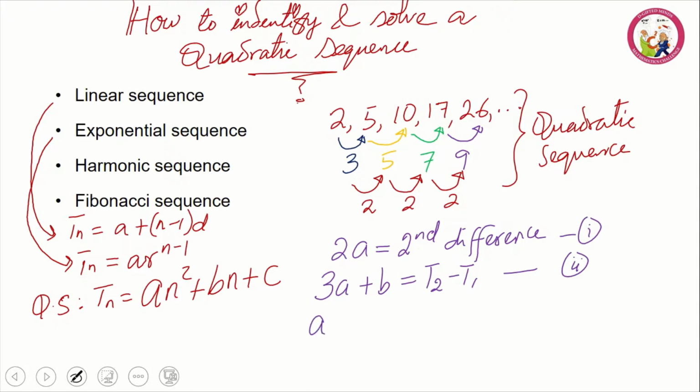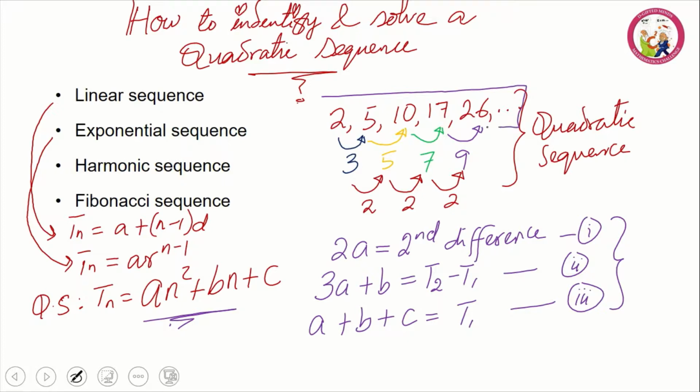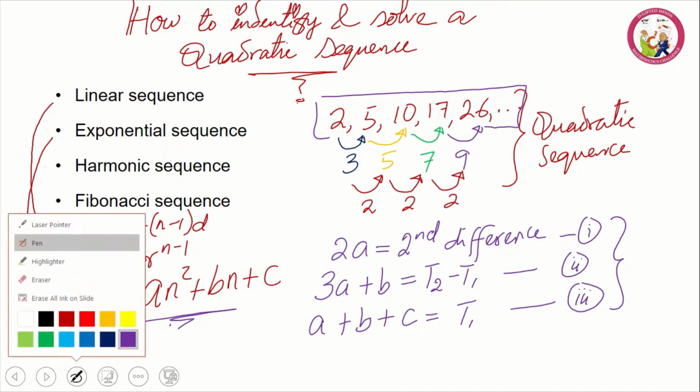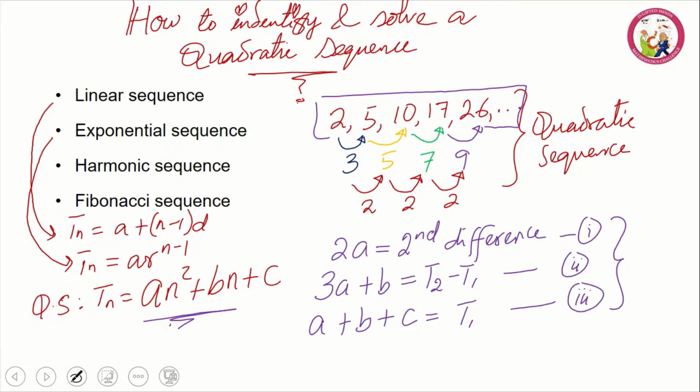Then finally, a plus b plus c equal to the first term, which is the third equation. So with these three equations, you can solve for the parameters a, b, and c, which will be substituted in this nth term of a quadratic sequence. So in our particular case, in this particular sequence that we constructed, the value of the second difference is 2.